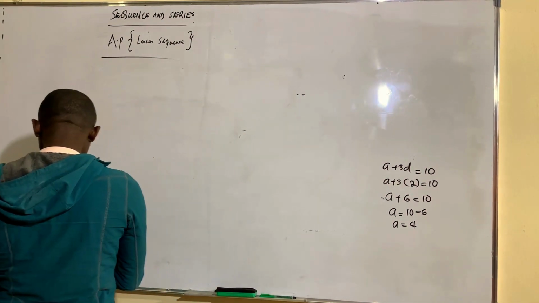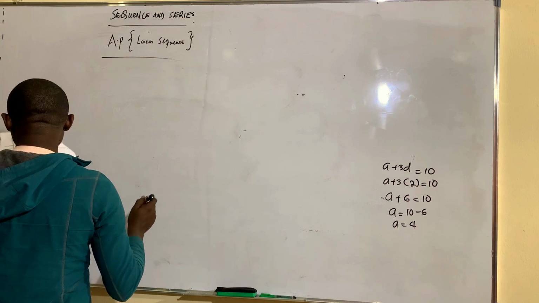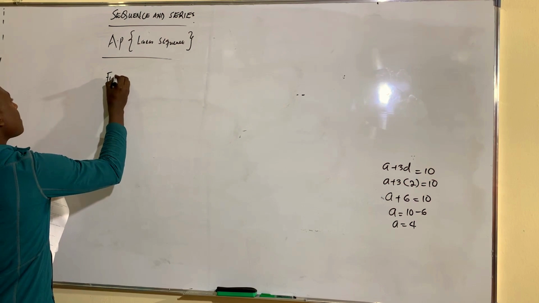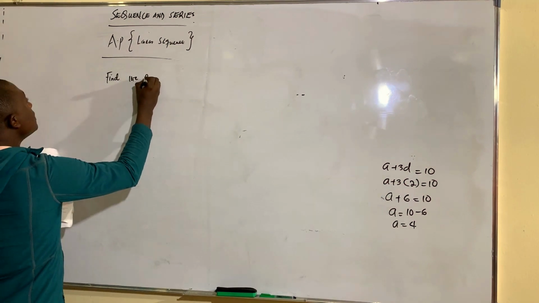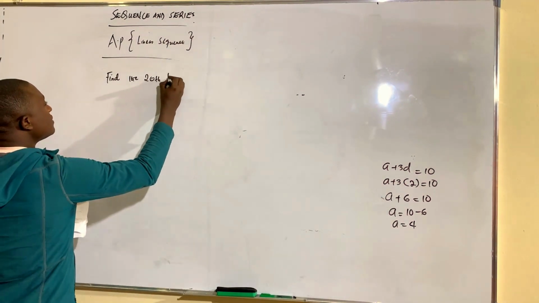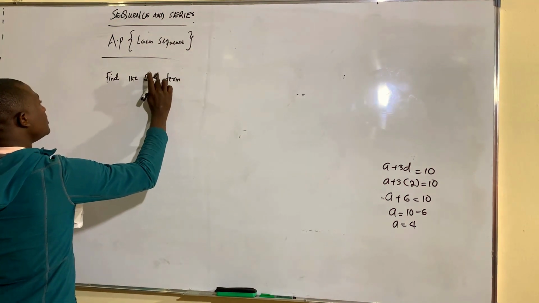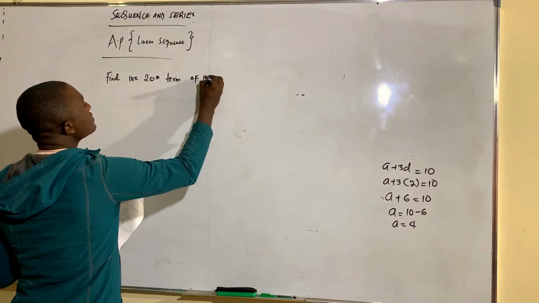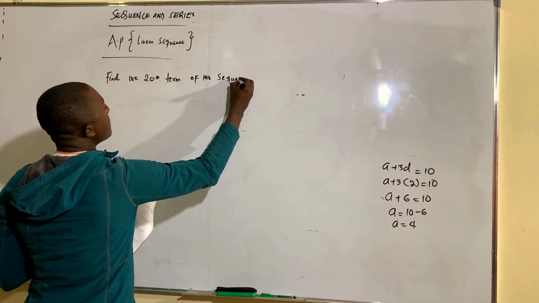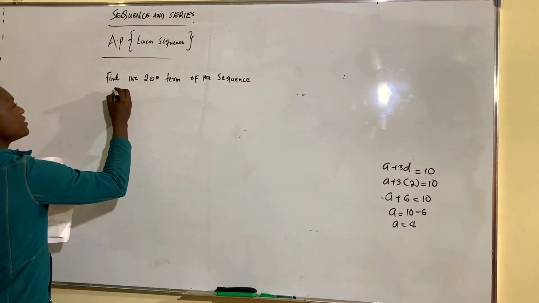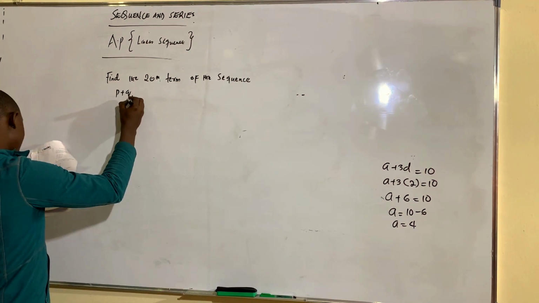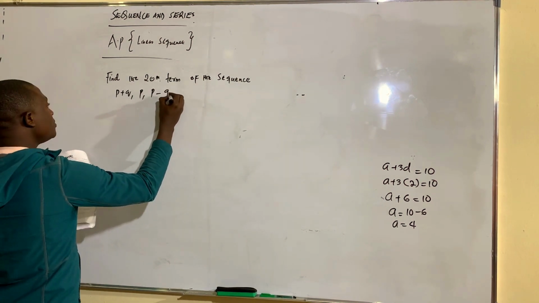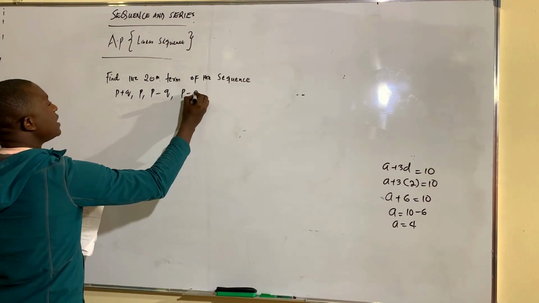They said, find the 20th term of the sequence P plus Q, comma P, comma P minus Q, comma then P minus 2Q.